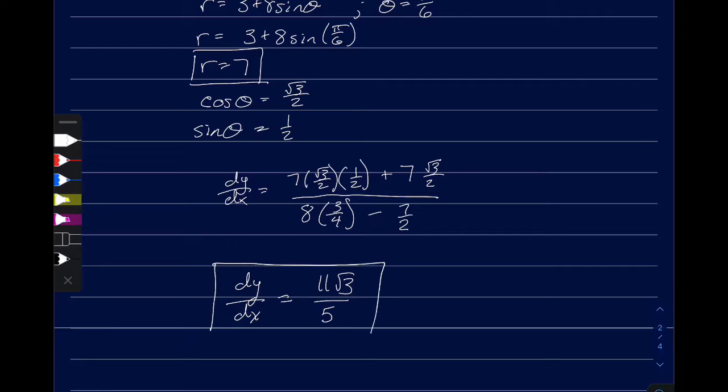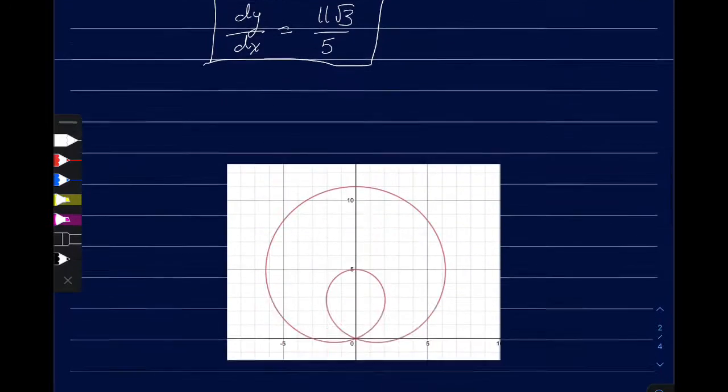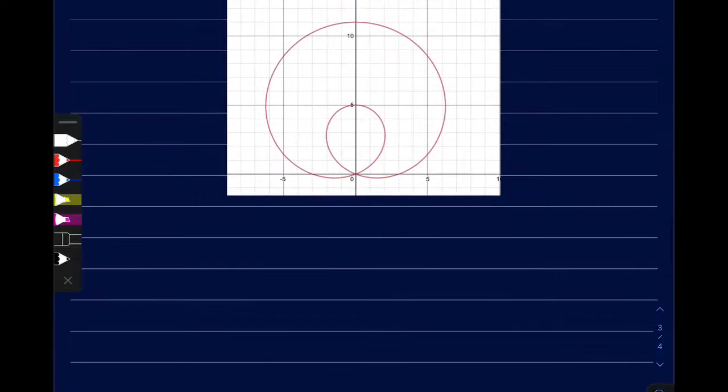Now, while we've found what dy/dx is, we still haven't found the equation of the tangent line. We've just found the slope of the tangent line. So we know that r is equal to 7 and theta is equal to pi over 6. And x is equal to r cosine theta, y is equal to r sine theta.